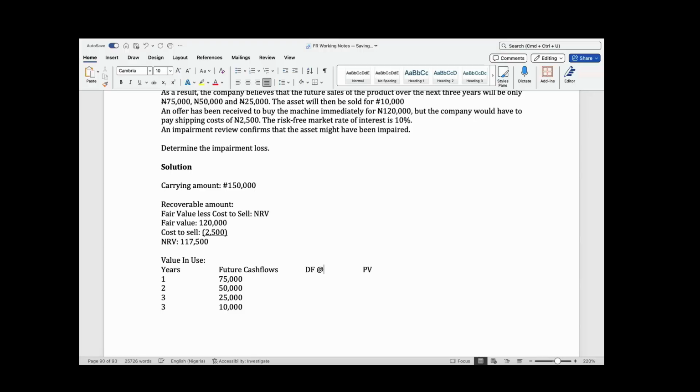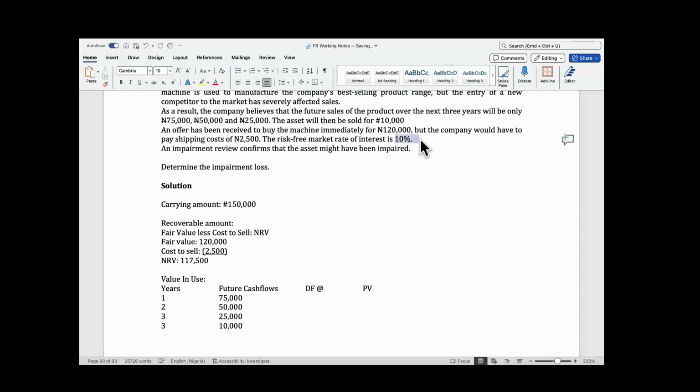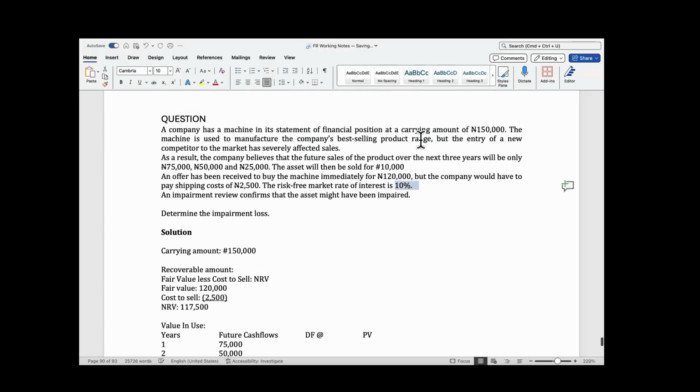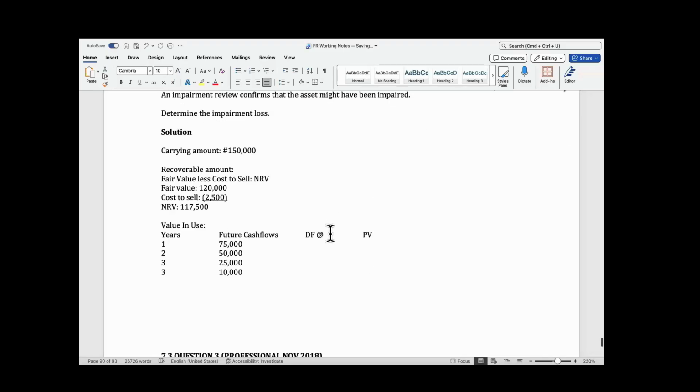So I need to get my discount factor using this risk-free market rate given in the question of 10%. So who can get me this discount factor at 10% for year one?